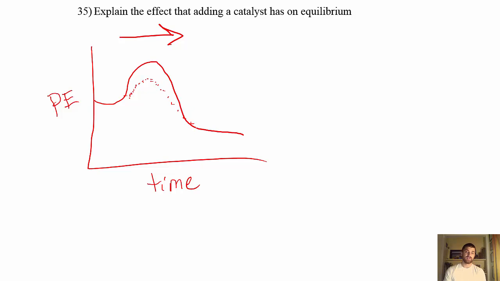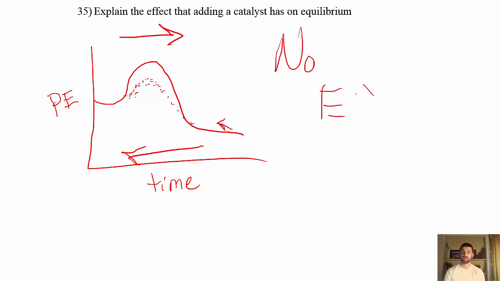But the same is true for the reverse reaction. Now going backwards, it doesn't take as much energy to get it going as well, so it'll also speed up the reverse reaction. So overall, a catalyst has no effect on an equilibrium because it's speeding up both the forward and the reverse reaction.